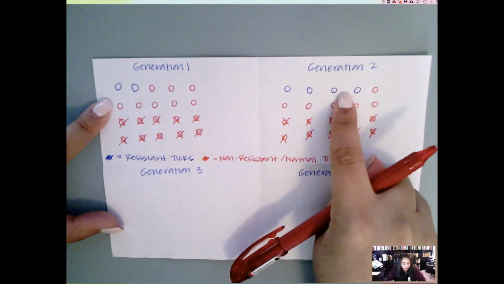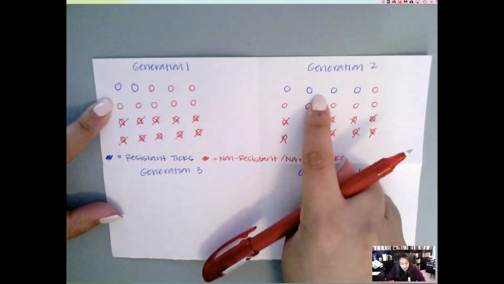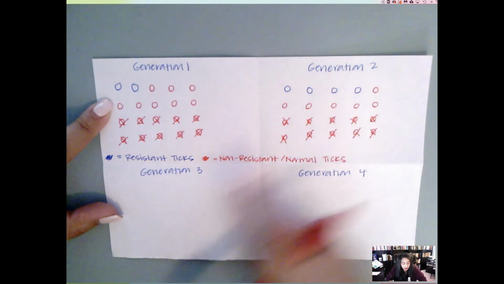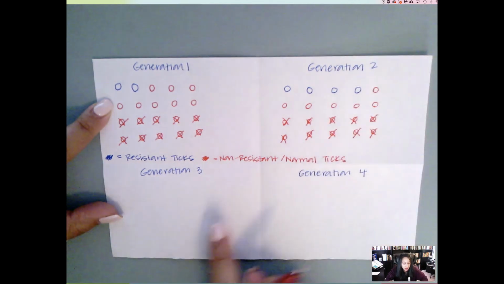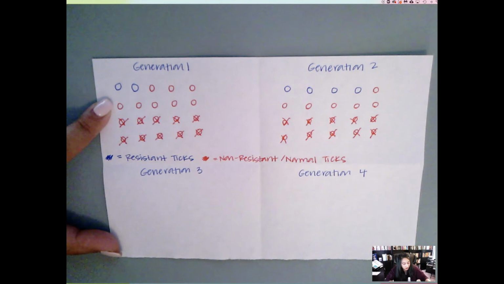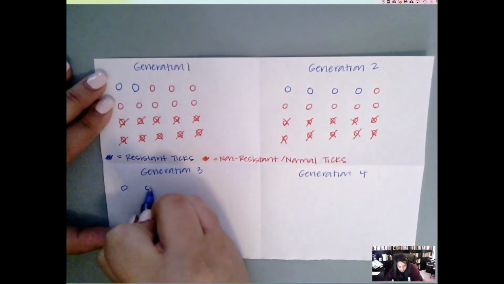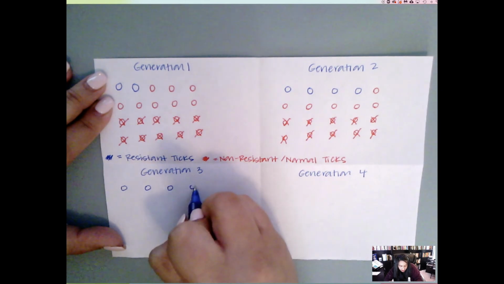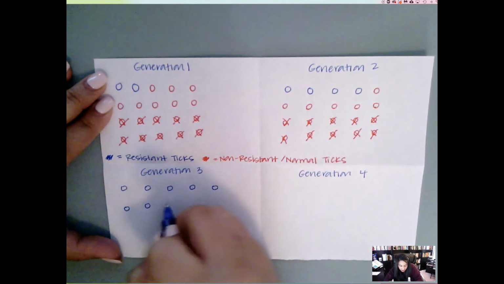So again, as we move from generation 2 to generation 3, these numbers will double. So we have 4 resistant ticks, they will double to 8, and we have 6 non-resistant ticks, and they will double to 12. Okay, so let's go ahead and draw generation 3. 1, 2, 3, 4, 5, 6, 7, and 8.